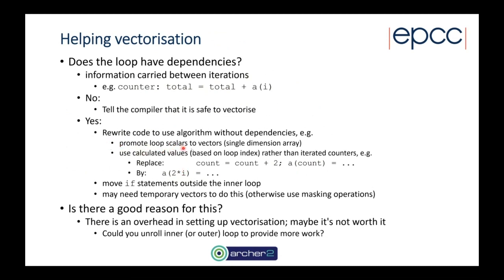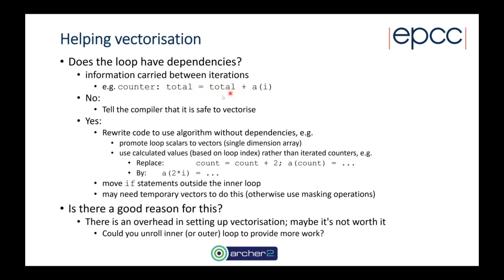Sometimes we may have to promote scalars to vectors, so a single dimensional array. So if for instance, we wanted to go through and create a set of totals like this, and the specific compiler we're using says that's a dependency, and I can't vectorize. Some compilers will and some won't. We could turn total here into an array with an entry per loop index.